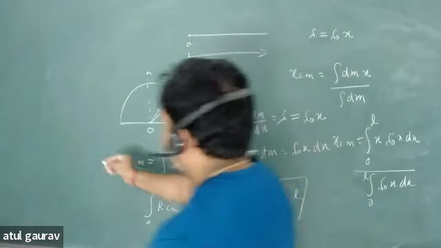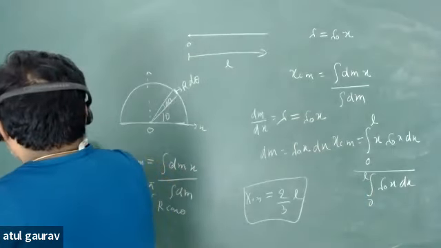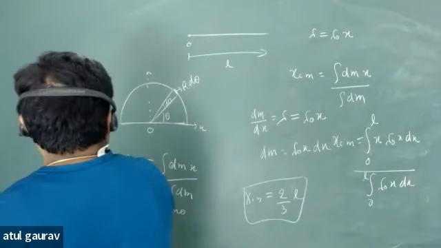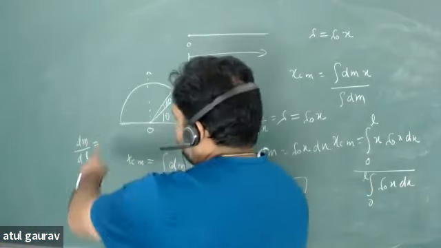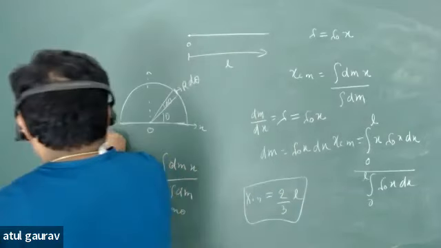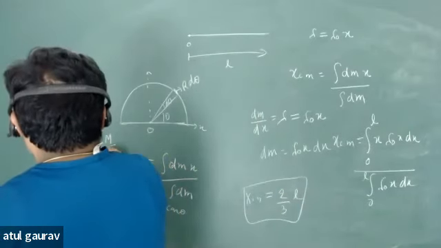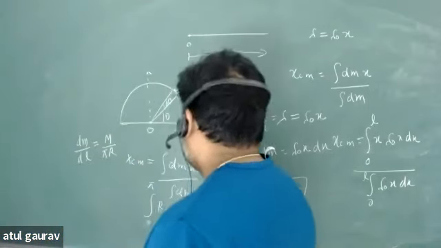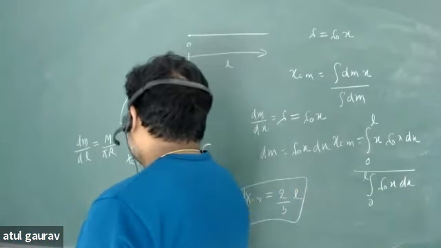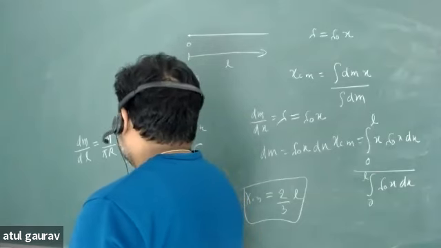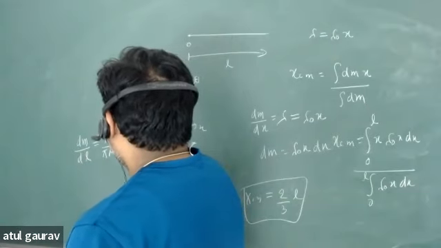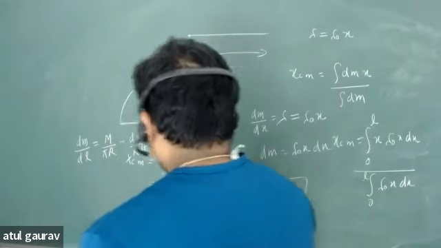So dm upon dl, what is this thing? This is dm upon dl, so that will be m upon pi r. This is your m upon pi r. What is dl? It is r d theta.